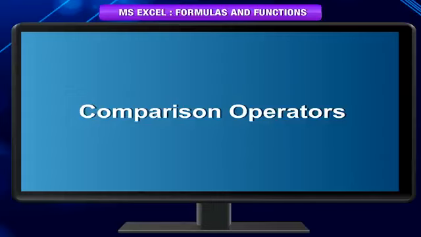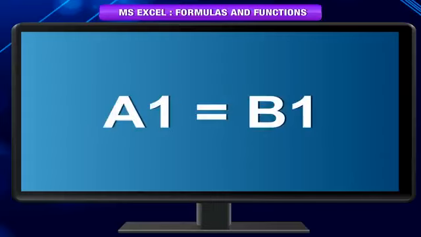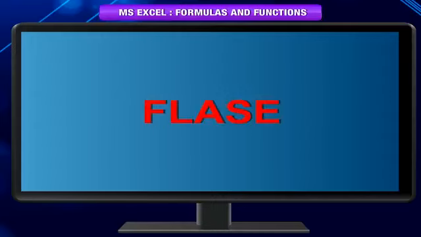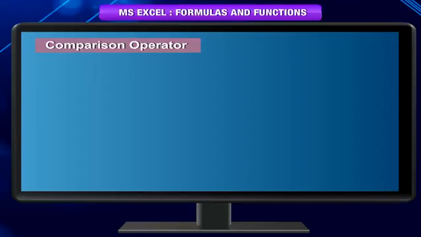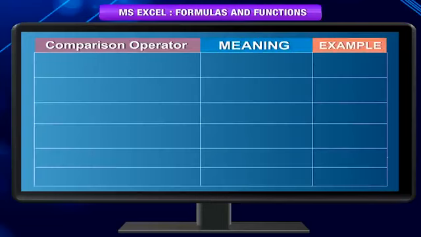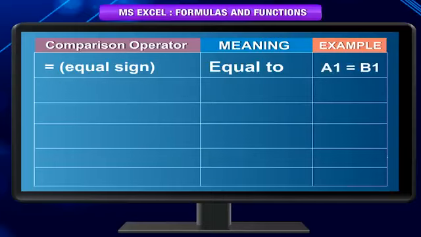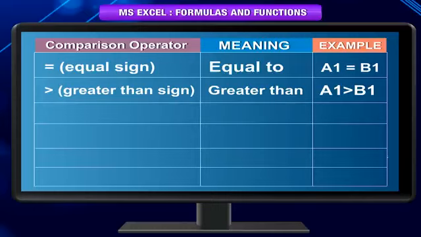Comparison operators. You can compare 2 values with these operators. When 2 values are compared by using these operators, the result gives a logical value, either TRUE or FALSE. Comparison operator, meaning, example. Equal sign, equal to, A1=B1. Greater than sign, greater than, A1>B1.